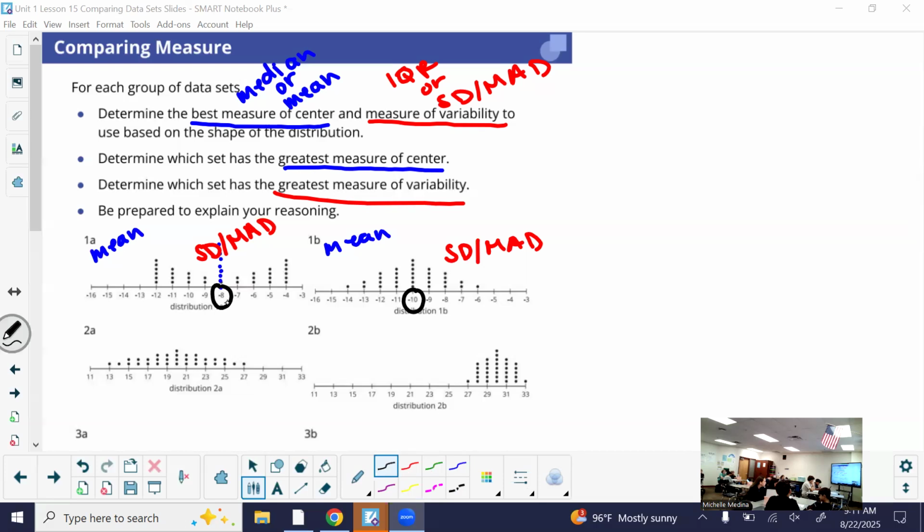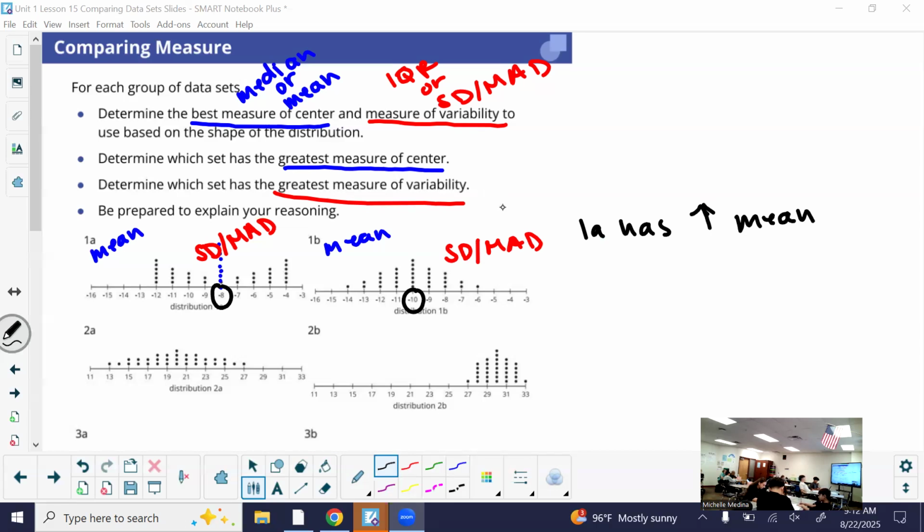Good, so which is higher? Would you rather owe someone $8 or $10? So that is why 1A has the greatest measure of center. I'm going to abbreviate that with this arrow. So higher mean. So that is the measure of center.